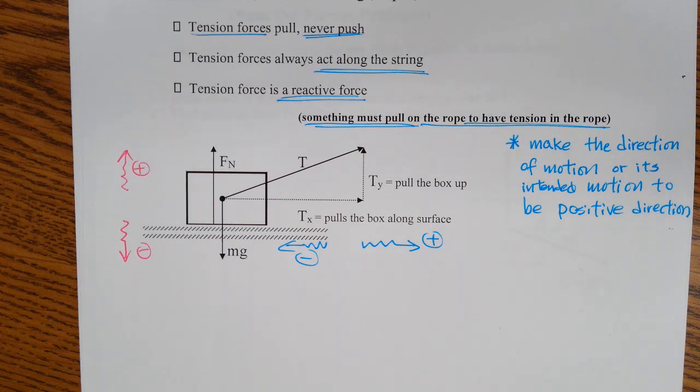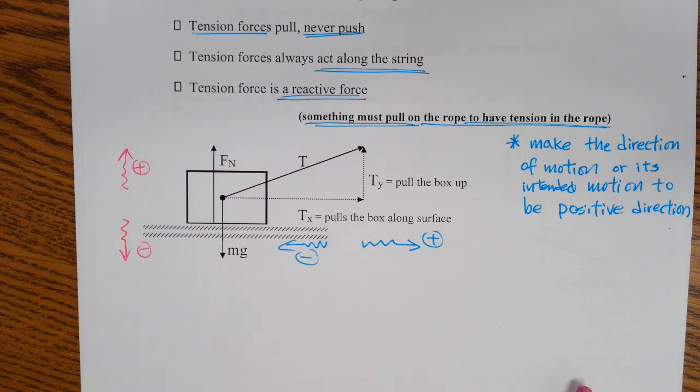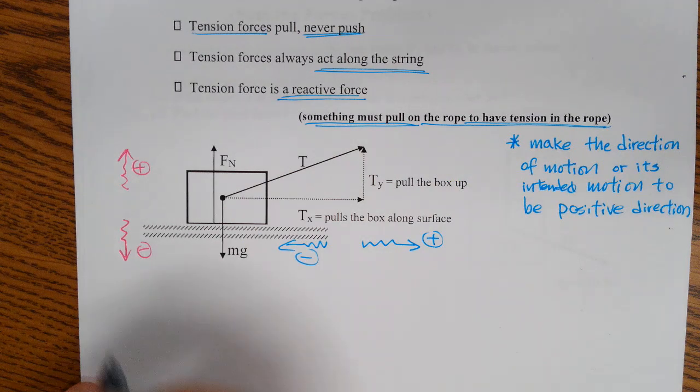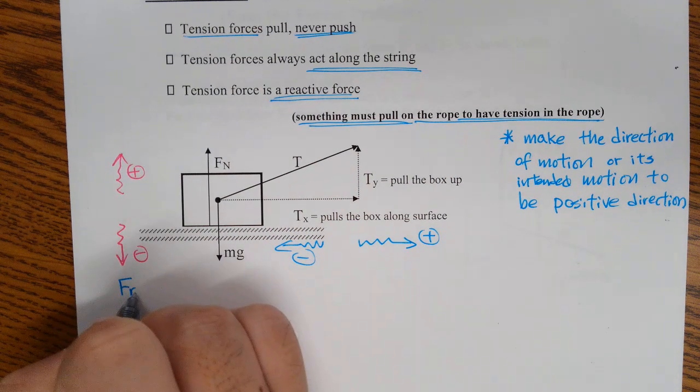So we should be able to identify all the forces acting on this object. Once we understand all the forces acting on the object, we could draw the force diagram, and we call that a free body diagram.